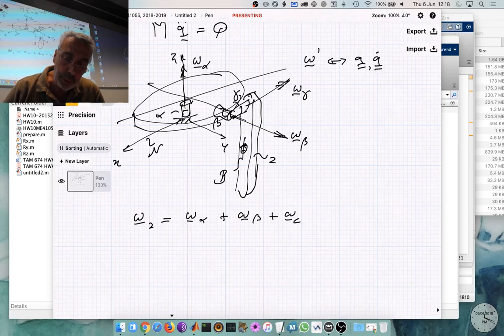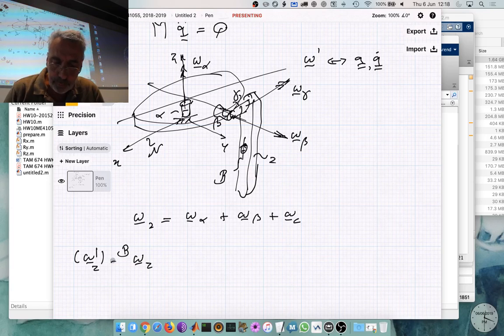Now we want to work in components, so we want to know it in the body fixed frame. Omega 2, which is actually this omega prime of 2. Well, let's start with the easiest one, which is already in the body fixed frame. The gamma, oh, I didn't write gamma here, sorry. Omega gamma.